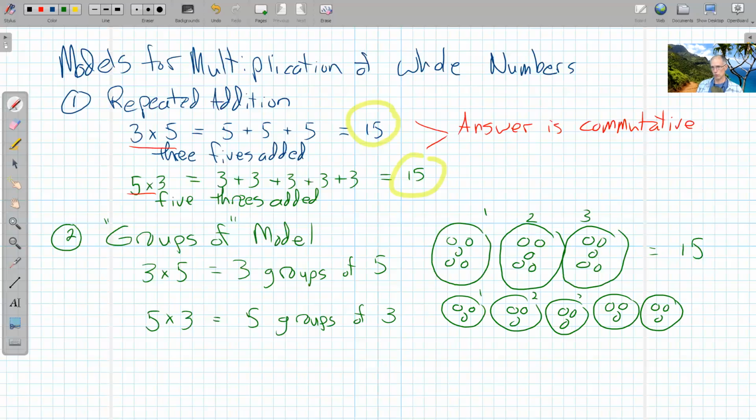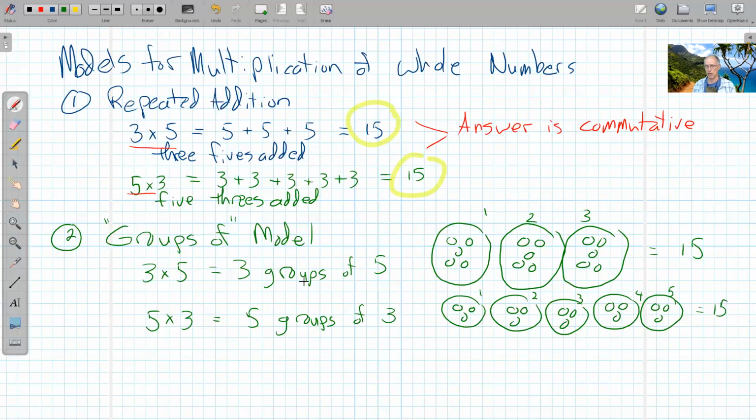One, 2, 3, 4, 5 groups, 3, 6, 9, 12. Still get 15, but it's a different way to get there. So the process of multiplication is not commutative, it's the result that is commutative, meaning we get the same result when we switch the order. But in between, different stuff happens.